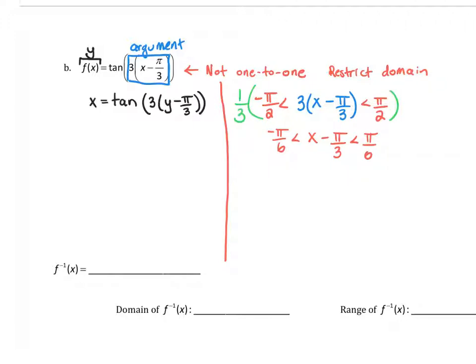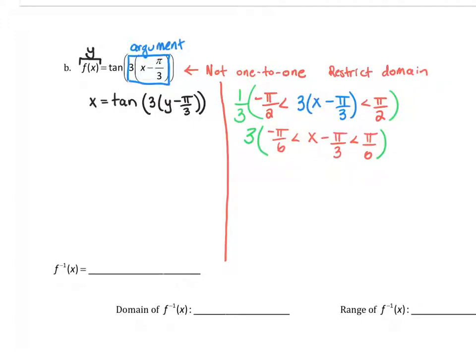Now looking back at this, it probably would have been easier just to distribute that 3 through. Let's multiply by 3. The reason I'm multiplying both sides by 3 is I want to clear this denominator on the inside when I'm trying to solve for x.